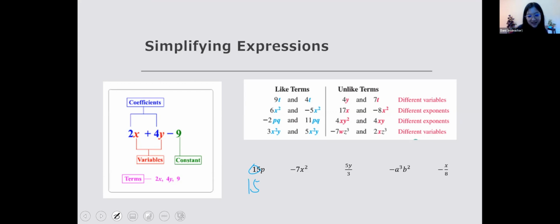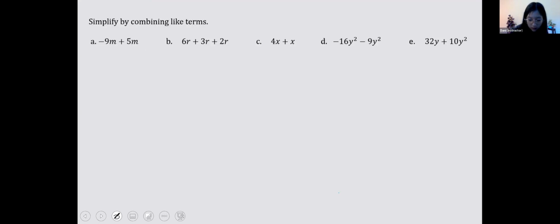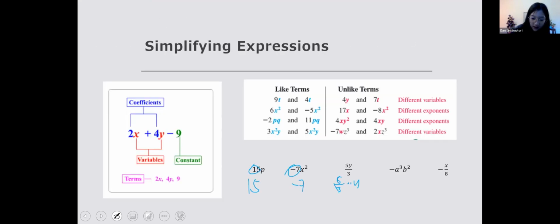For this one, the coefficient will be 15, because 15 is the number part of this term. For this one, the number part is -7. And this one is 5 over 3 times y, so the coefficient will be 5/3. And here, it might just seem like a negative sign, but the negative sign actually indicates -1.